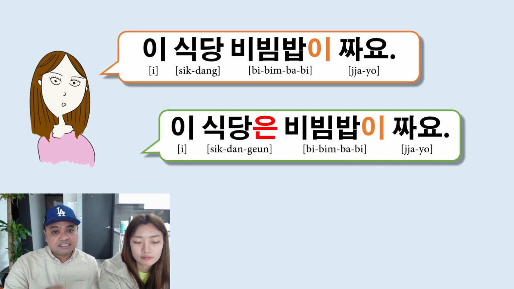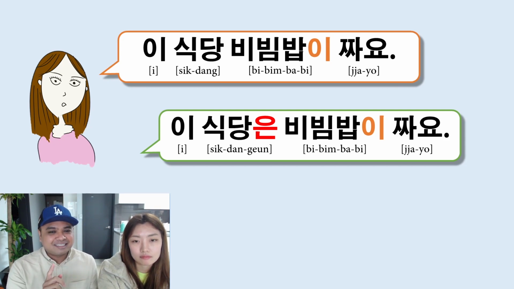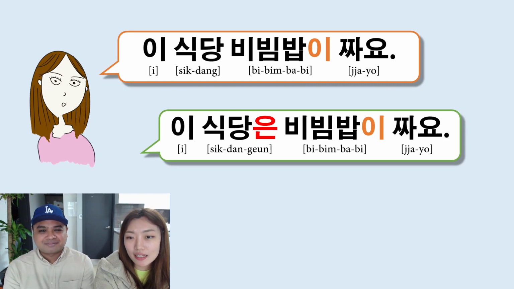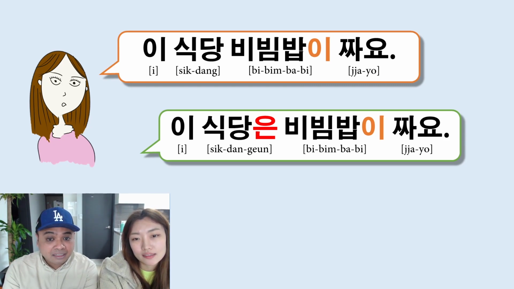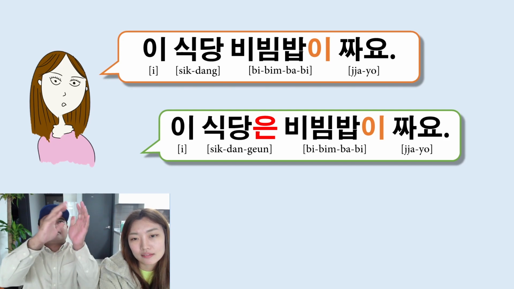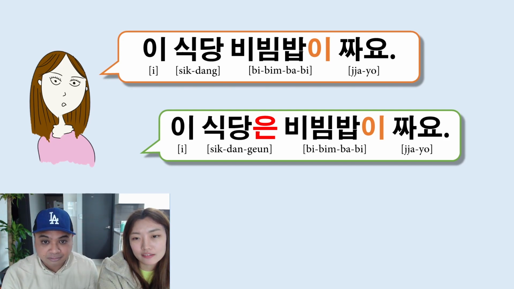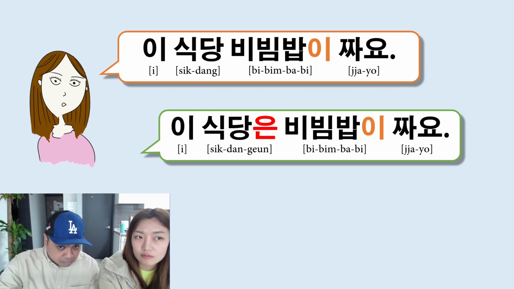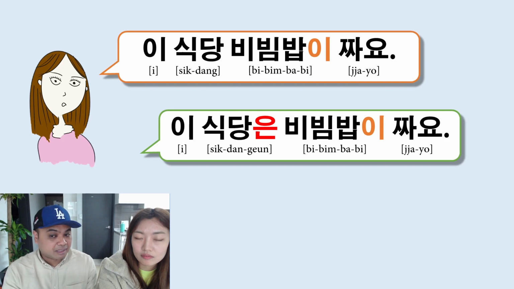So instead of saying 이 식당 비빔밥이, we're saying 이 식당은 비빔밥이 짜요. By adding 은 to 식당, the topic becomes the restaurant. It means I don't know about the other restaurants, and I don't care about the other restaurants, but this restaurant here, the bibimbap is salty.